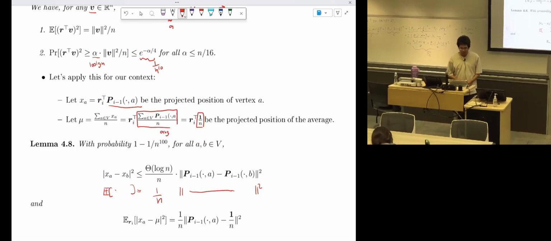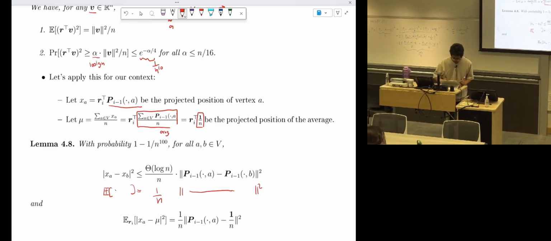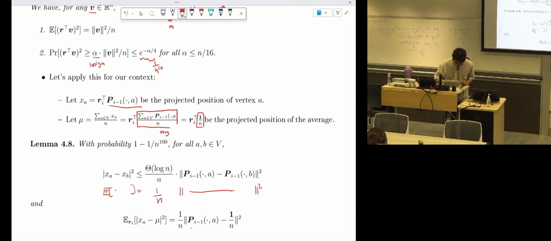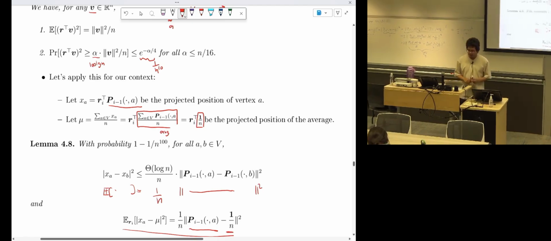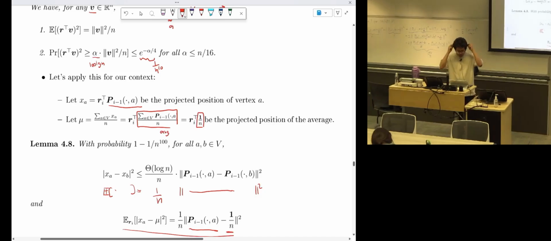And I can say the same thing here, like the distance between the points to the average. We have this in expectation, and it deviates from expectation by log n factor with low probability. So why is that? How do we prove this?